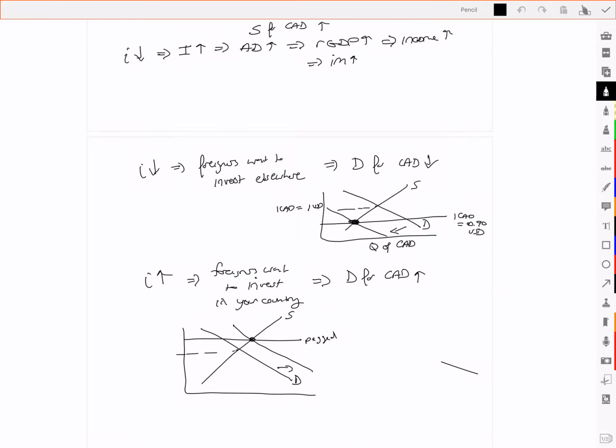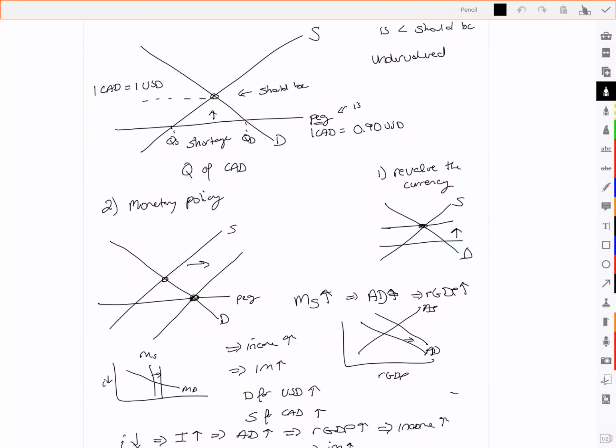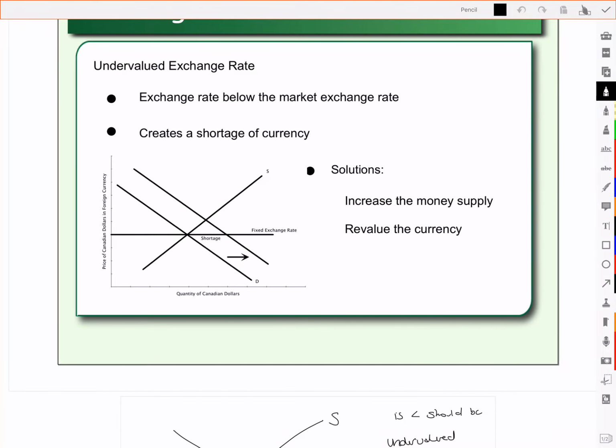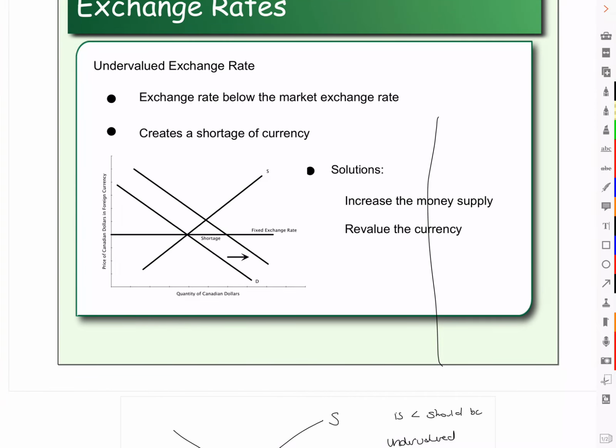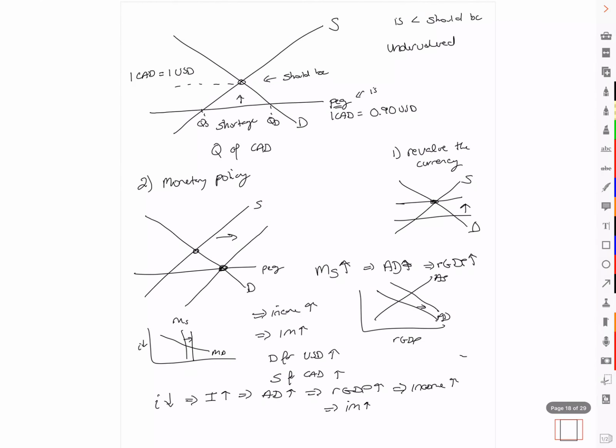But just as with the overvalued, if your currency is undervalued, you're using monetary policy to maintain the peg, and that may not be advantageous for your economy. So you may not want to be increasing the money supply and lowering the interest rates for your economy.